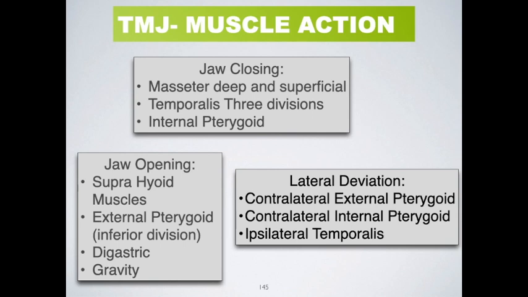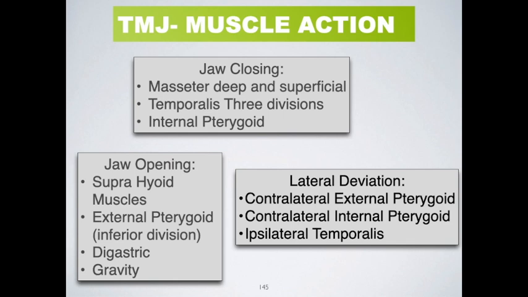These are all primary jaw closing muscles. Jaw opening muscles are going to be the suprahyoid muscles, digastric, and external pterygoid, especially the inferior division. And of course, gravity plays a role in jaw opening.